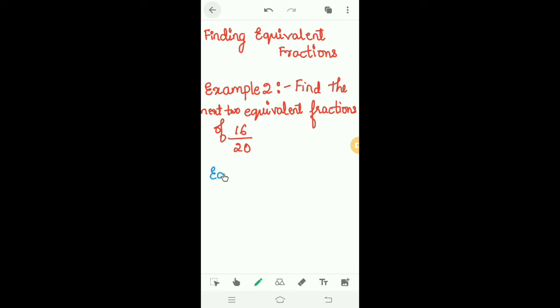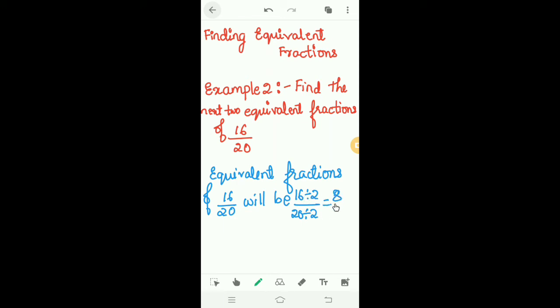So, equivalent fractions of 16 by 20 will be, here we can divide numerator and denominator by 2. 16 divided by 2 by 20 divided by 2. 8 by 10. 16 and 20 are divisible by 4.